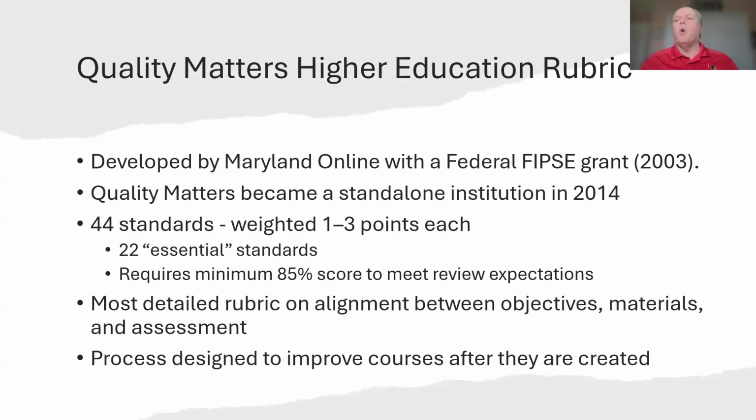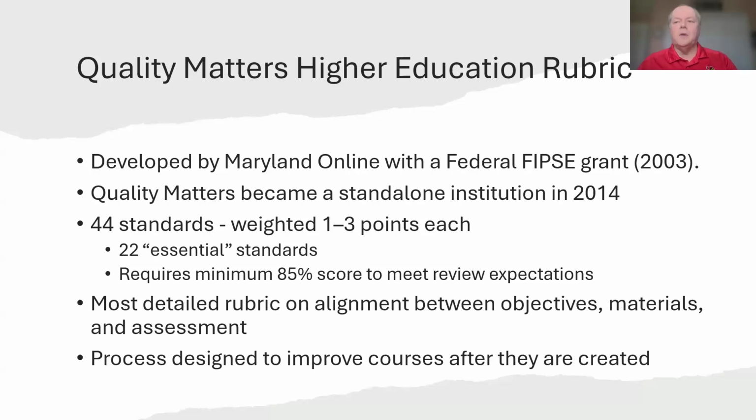So now let's look at Quality Matters, the Quality Matters Higher Ed rubric. This one was developed by Maryland Online with a federal FIPSE grant back in 2003. And so it was offered by Maryland Online until 2014, when Quality Matters became its own standalone for-profit institution.